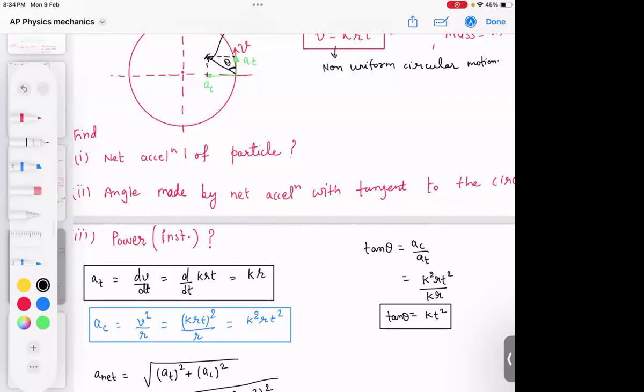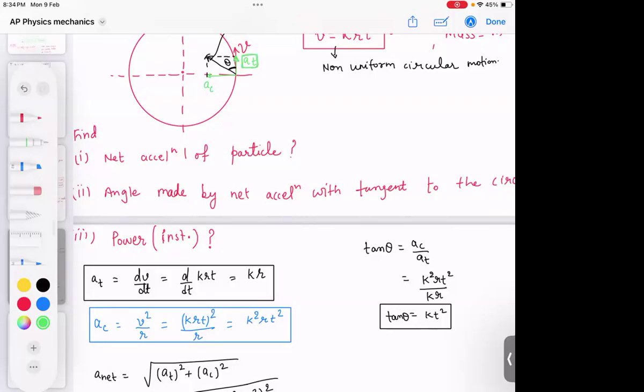Now the last thing. If I ask you what is the power, which force will contribute for the power, tangential or centripetal? Please tell me.